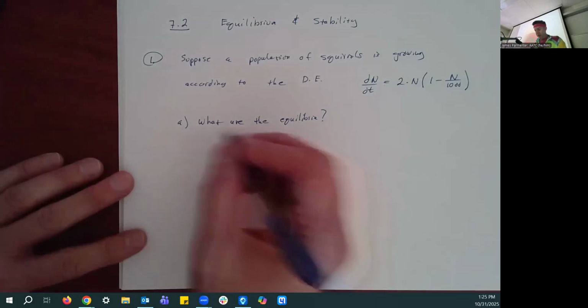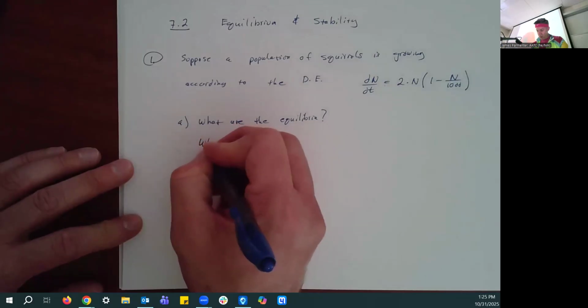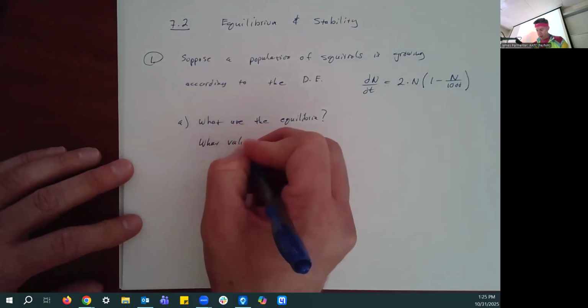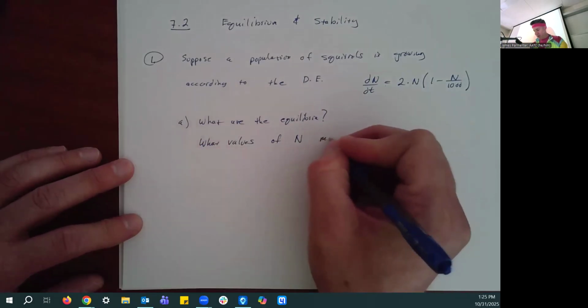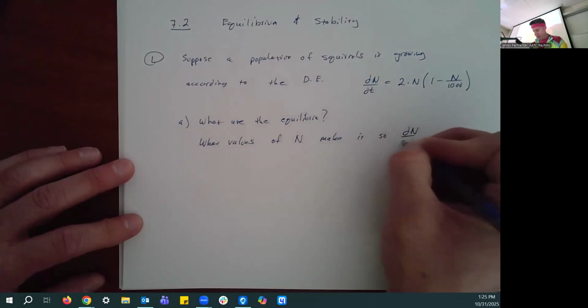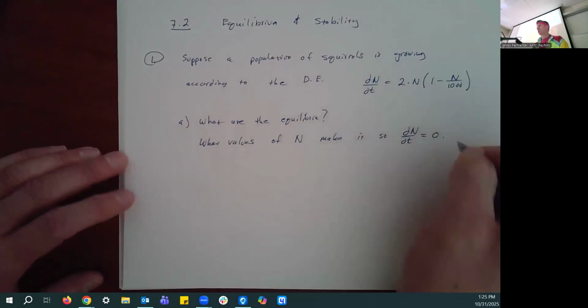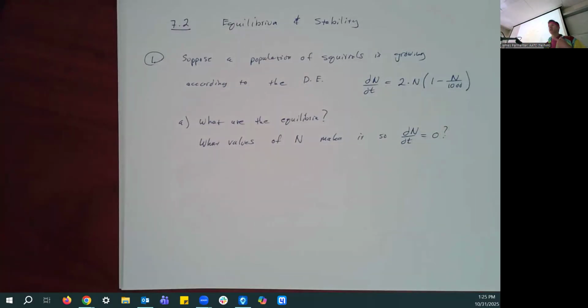If we're asking this question, we're really asking what values of the population size, which is N, make the derivative equal to 0. If we're talking about equilibria, we're talking about things not changing, so the rate of change had better be 0.